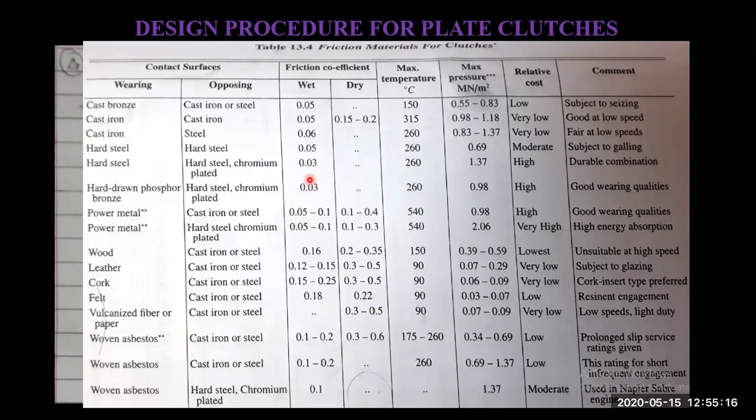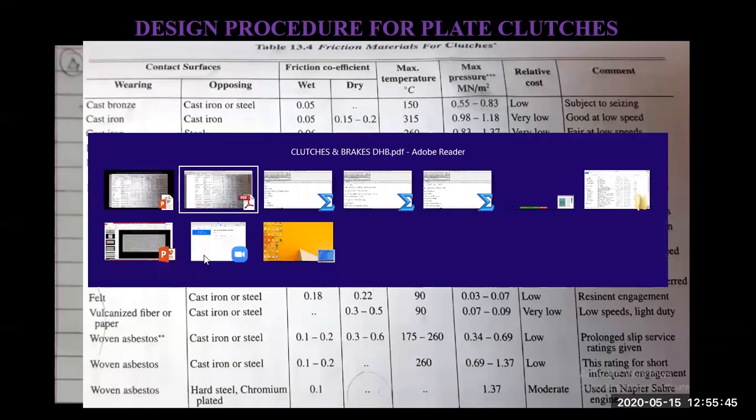So mu can be extracted from here, and the maximum pressure for phosphor bronze and chromium plated steel is 0.98. For these two combinations of the friction material and the opposing material, we have 0.98. So we'll use that.